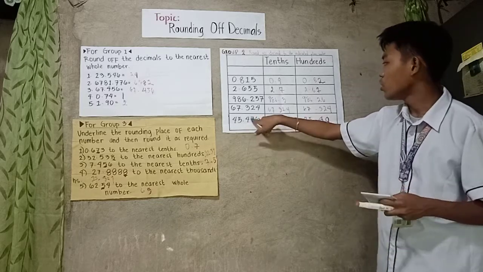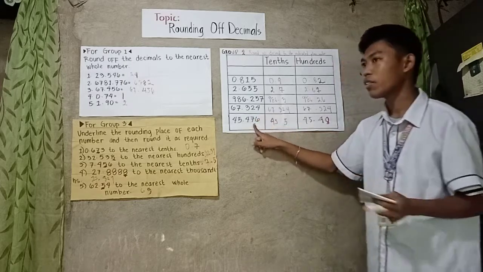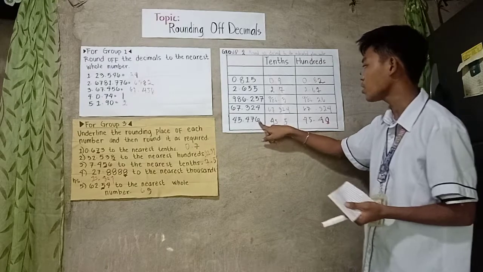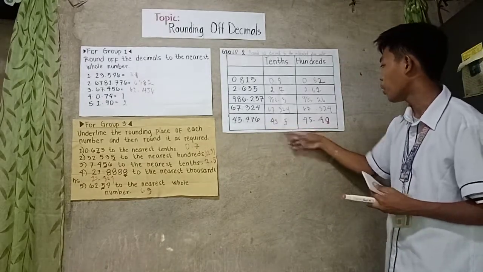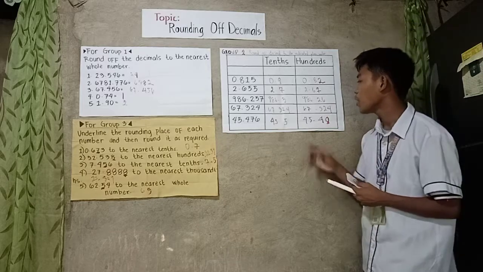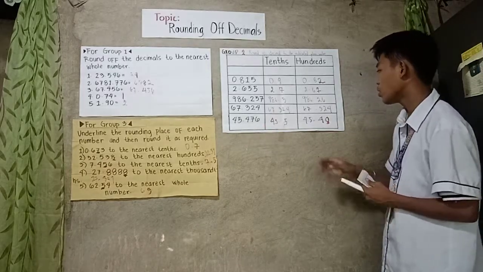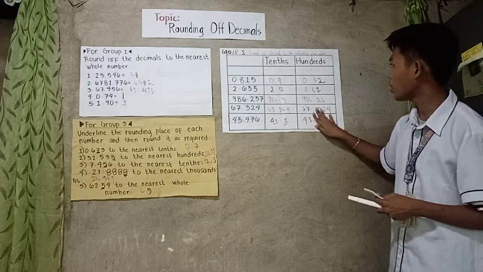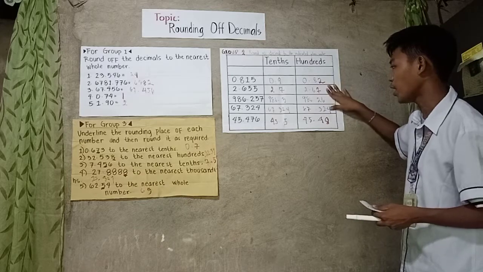Ones, tens. So 7 is the tens here. The digit next to 7 is 6. Since it is bigger than 5, it will become 45.5. So for the hundreds, we have 45.476. So the nearest hundreds for this is 45.48.